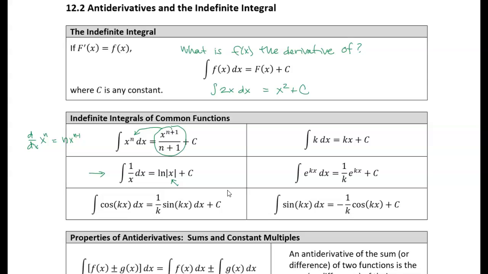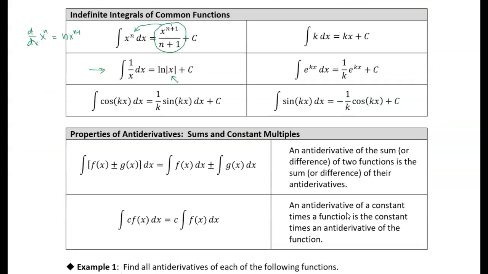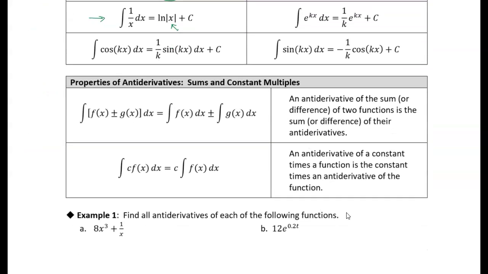So you should recognize all of these as being kind of the reverse of the derivative rules that you already know. Okay. There are also some properties of antiderivatives, properties of indefinite integrals. For example, the antiderivative of the sum of two functions is just the sum of the antiderivatives.